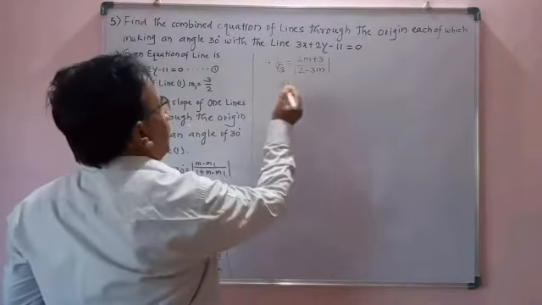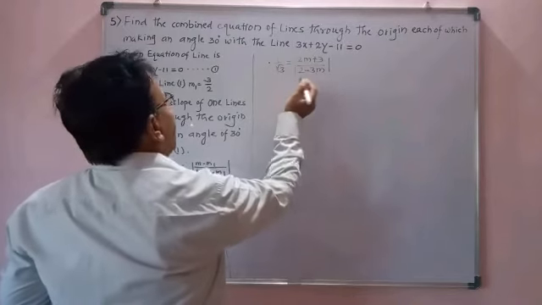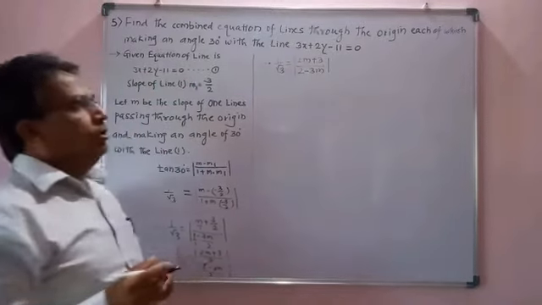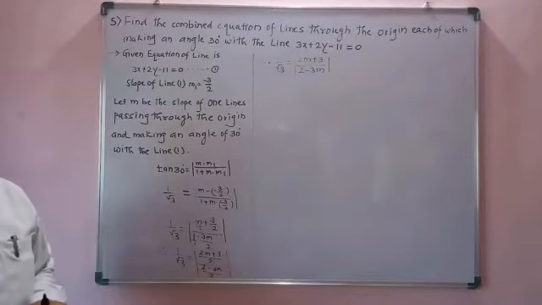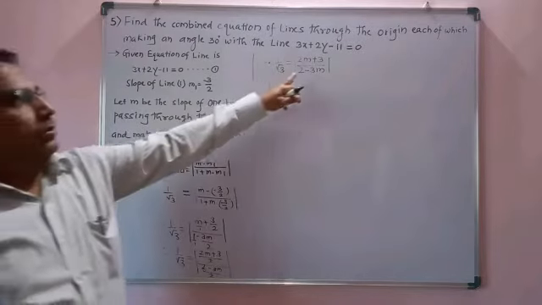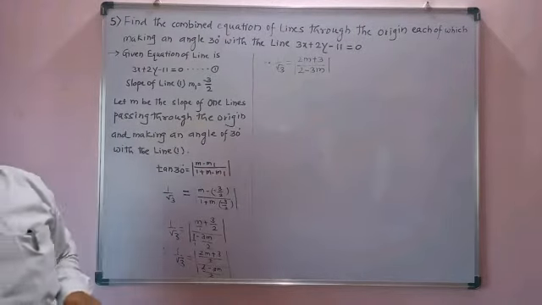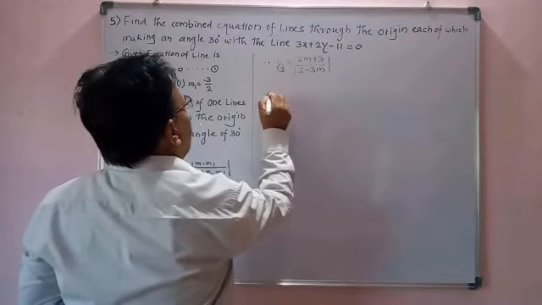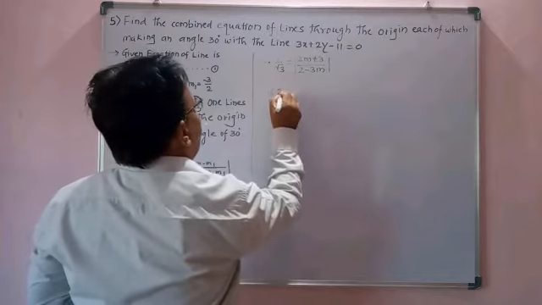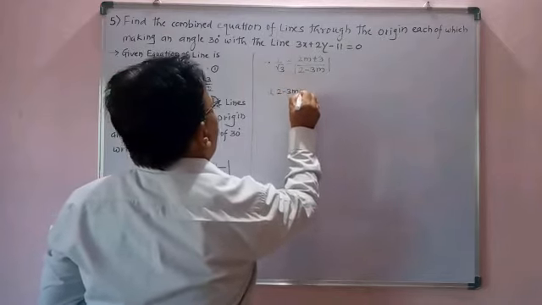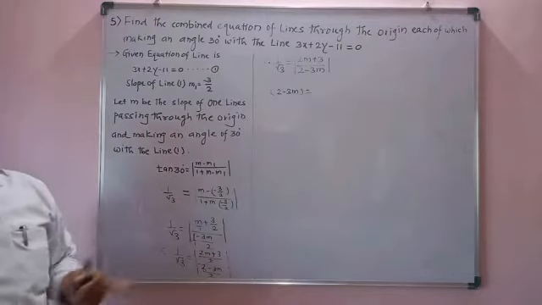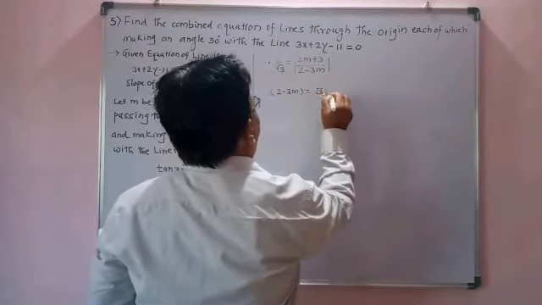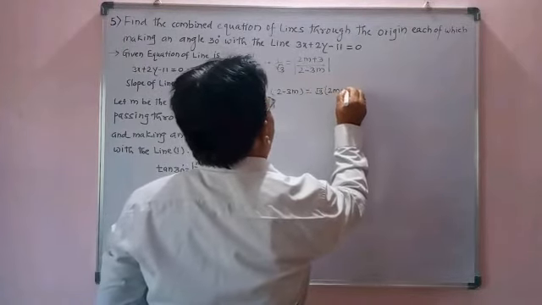Cross multiplication: 1 into 2 minus 3m equals root 3 into 2m plus 3.